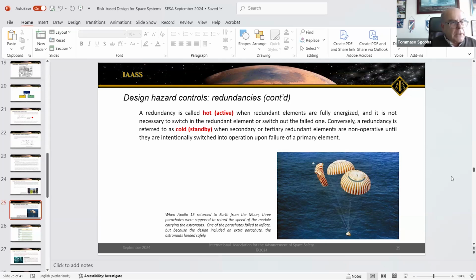You see in this slide a case of the parachutes of Apollo, and in particular this is the Apollo 15 mission, and one of the 3 parachutes did not inflate. Now to have a successful deceleration of the capsule during the return to Earth, you need just 2 parachutes, but there were 3 parachutes, because each parachute has a probability of failing.